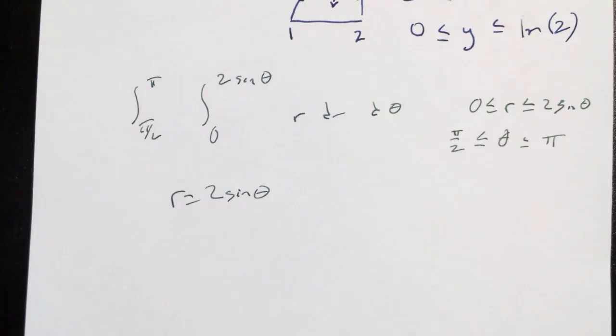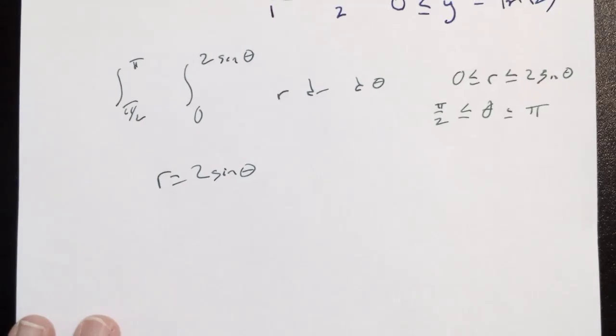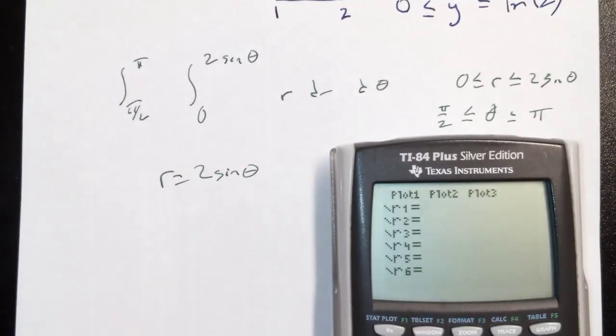Out comes the graphing calculator. What's that picture? Oh, look, I'm still in polar mode from when we did this the other day. 2 sine theta, graph.